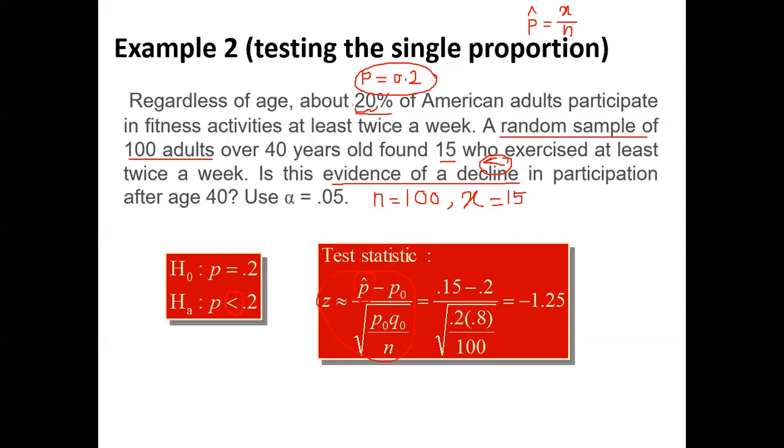What is the value of x? x is equal to 15, divided by the sample size, n, which is 100. So you get p hat equal to 0.15.